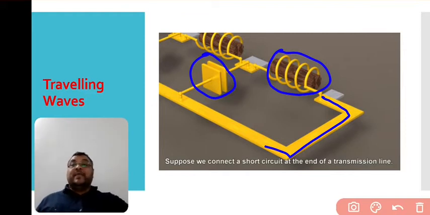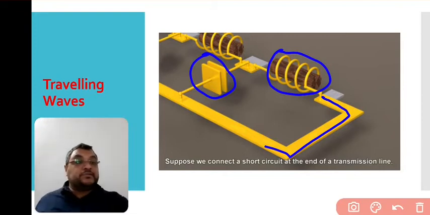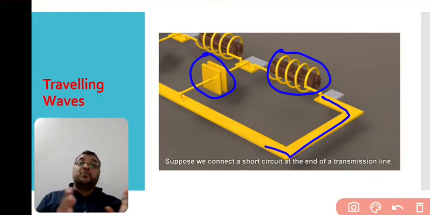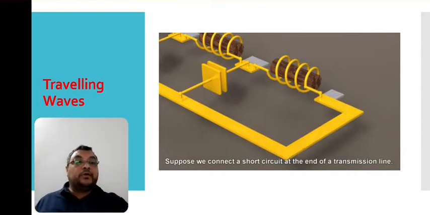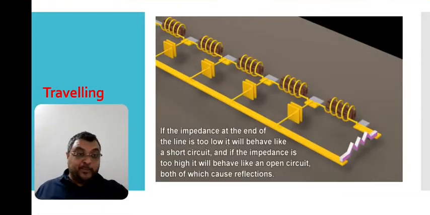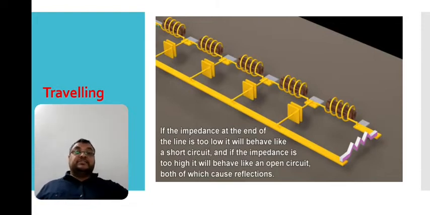And it depends on the impedance that we connected at the end of the transmission line. If I connect a certain value of impedance, it determines how the voltage is going to be reflected back and how it is going to be flipped.